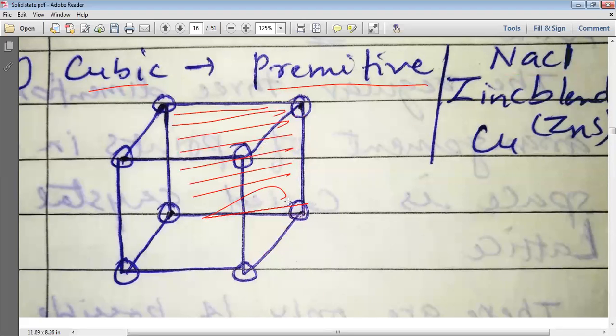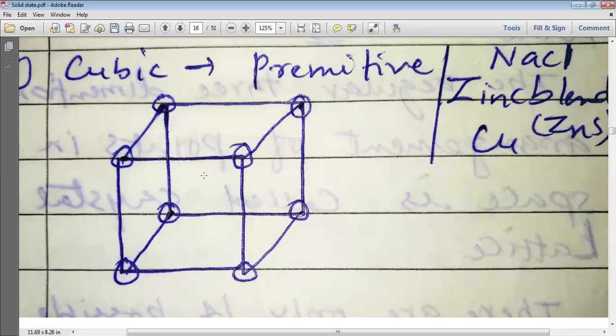If you are standing inside the unit cell, my dear student, you can see that on the left side of you there is one face, and on the right side of you there is one face, so two faces.